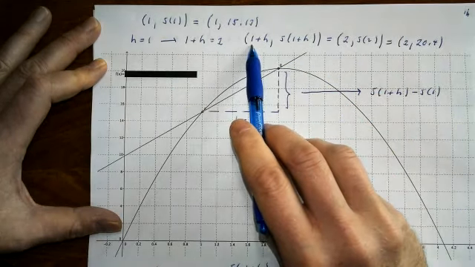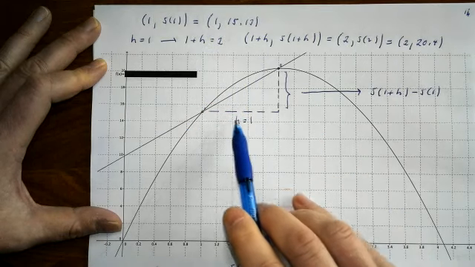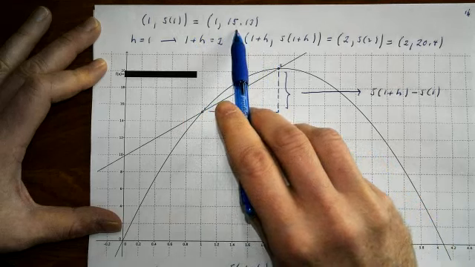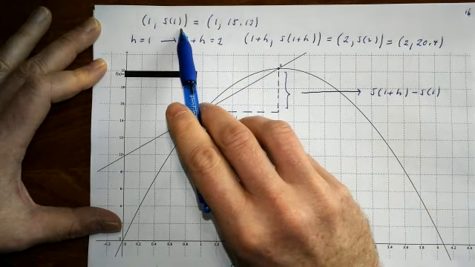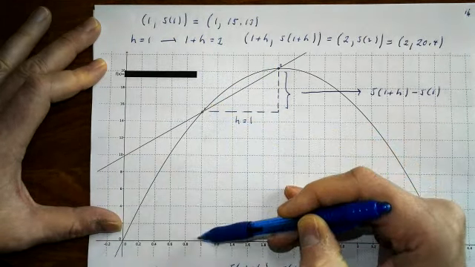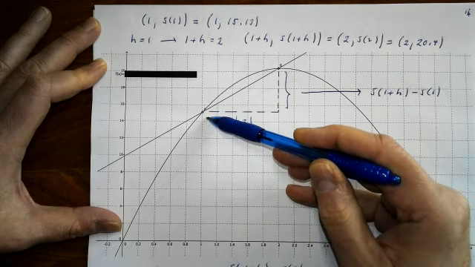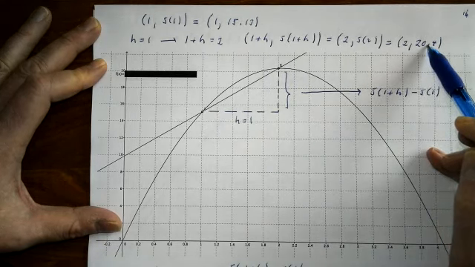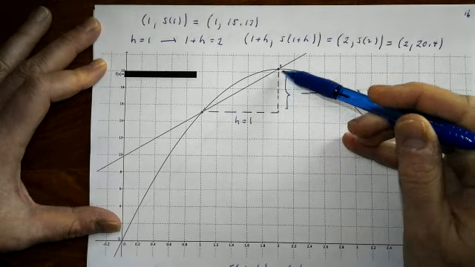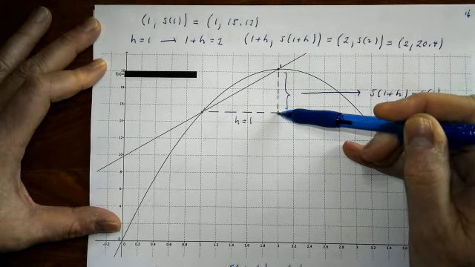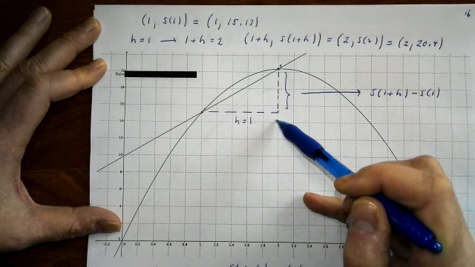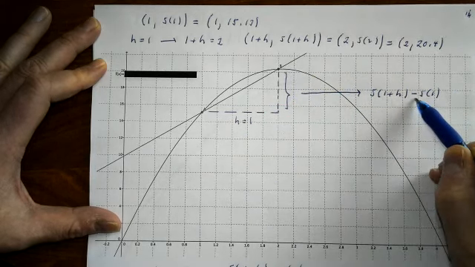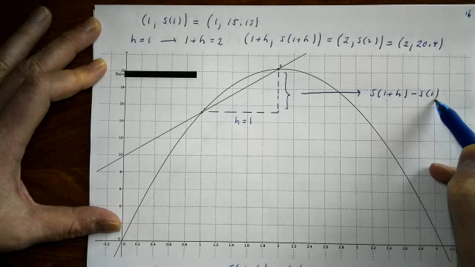Now, 1 and 1 plus h are horizontally h units apart. 15.13, which is s of 1, is this height right here. If I subtract that from 20.4, which is s of 1 plus h, I get this little height right here. So this horizontal distance is h, and this vertical distance is s of 1 plus h minus s of 1.